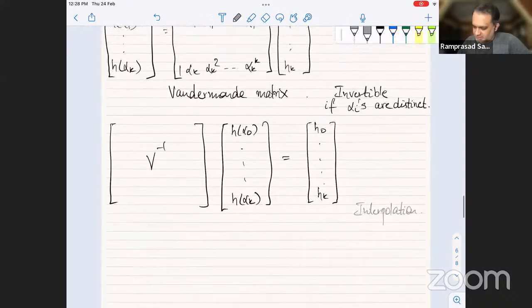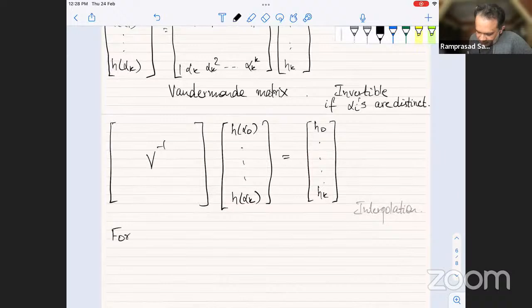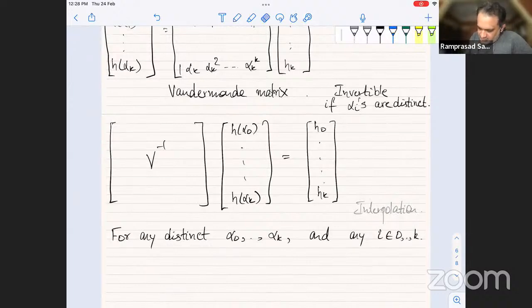Okay, so let me just write this as a thing. This is just to say that for any distinct alpha naught till alpha k and any i which is in 0 till k, I know for a fact that there exists some constants.